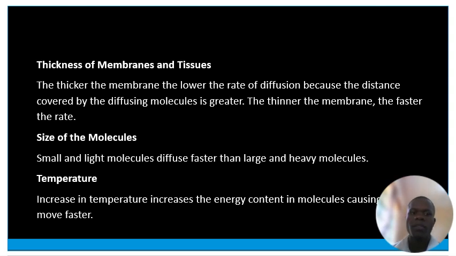Then the size of the molecule: small and light molecules diffuse faster than large and heavy molecules.